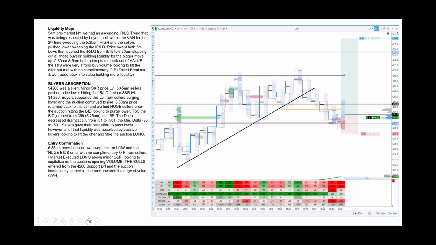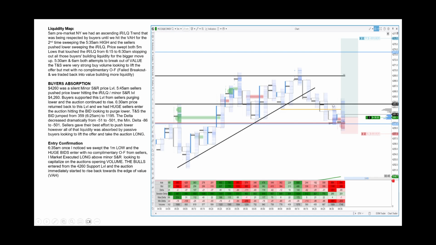At 6:35 a.m., once I noticed that we swept the 1-minute low, I'll show you that on a 1-minute time frame shortly, and the huge bid entered with no complementary order flow from sellers, I market executed long above the minor support and resistance level, looking to capitalize on the auction's opening volume. The bulls entered from the 42.60 support level, and the auction immediately started to rise back towards the edge of value, which is the value area high.